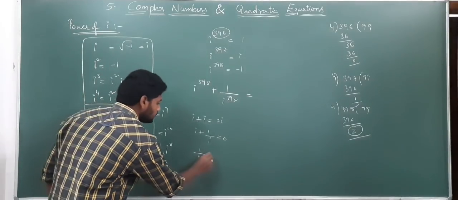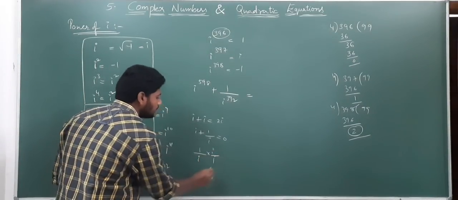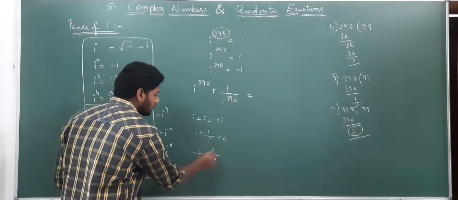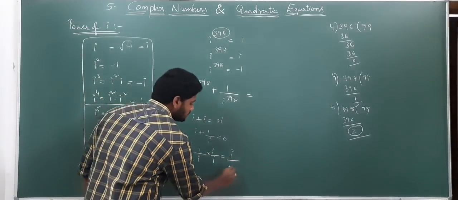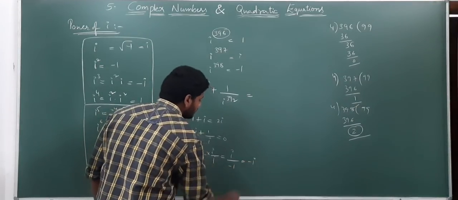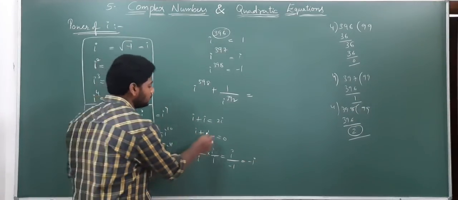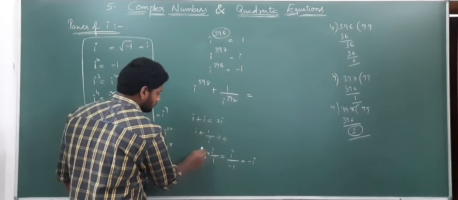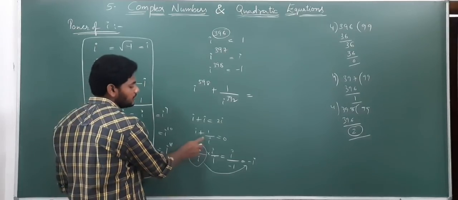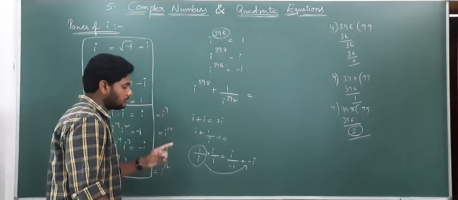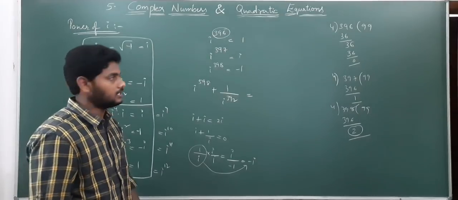So what we need to do is rationalize with that same number I. Then it will be 1 into I, which is I, divided by I into I, which is I square, minus 1. So it is equal to minus I. So 1 by I value is equal to minus I. That's why I plus 1 by I is equal to 0. Remember always, 1 by I value is minus I.